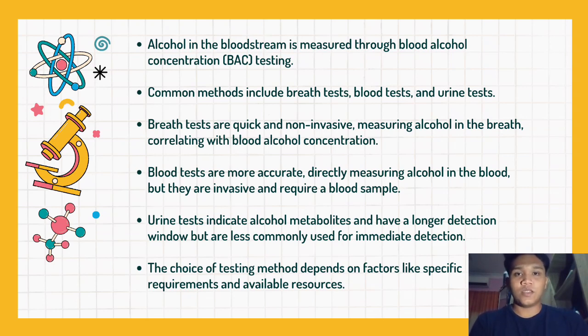It's important to note that different methods have varying levels of accuracy and reliability. The choice of method depends on factors such as the specific requirements of the situation and the available resources.